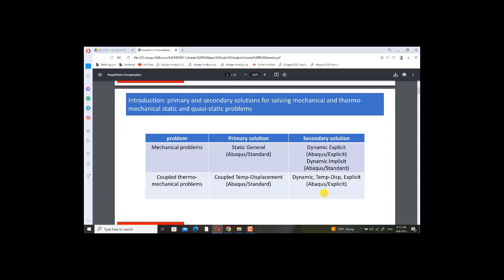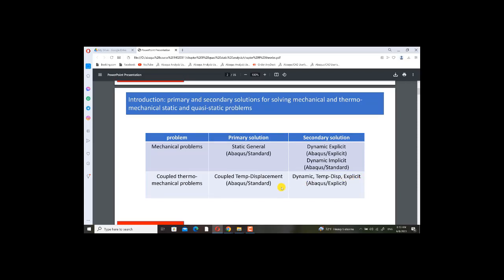For example, to simulate hot rolling, we must use the dynamic temp-disp explicit step, because this simulation is highly nonlinear, and in this simulation we have contact and large deformations, and also material changes with temperature, and it increases the degree of nonlinearity of the simulation. And that's it.